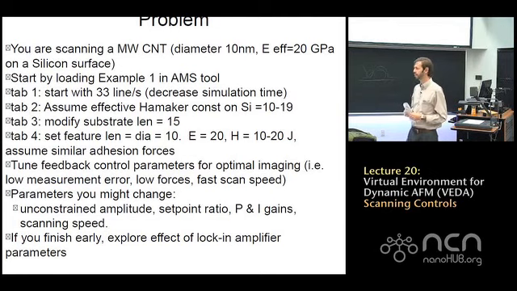But I'm going to leave it up to you to decide what is optimal. So things you might want to consider: low measurement error, low forces, and fast scanning speed, although it is somewhat open-ended, so unlike the first problem, I'm not giving you a number to stay under. Use your judgment as to what is optimal. Parameters you may consider changing: unconstrained amplitude, set point ratio, proportional integral gains, and scanning speed.